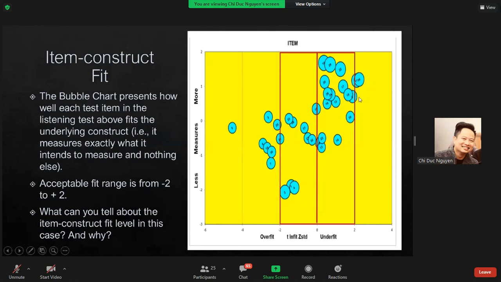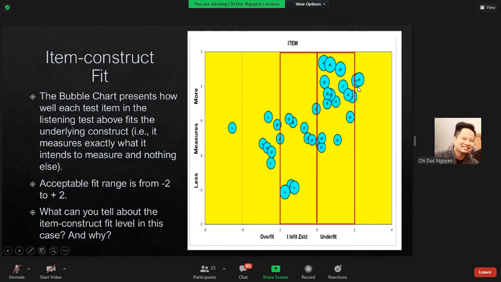And from these examples over here, can you please look at this bubble chart? Any items that lie within this rectangle are able to fit the underlying construct. The items over here also fit the construct, but they are not useful because they have the same value as the ones in this rectangle.